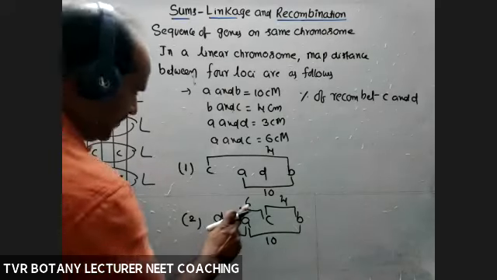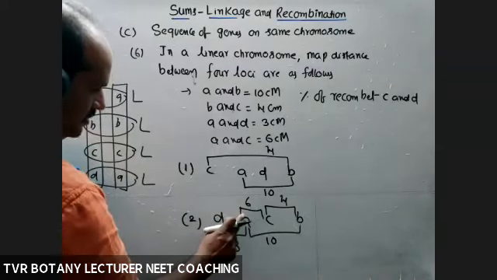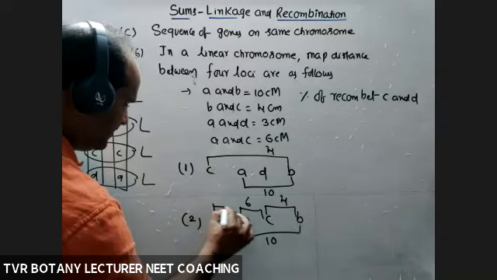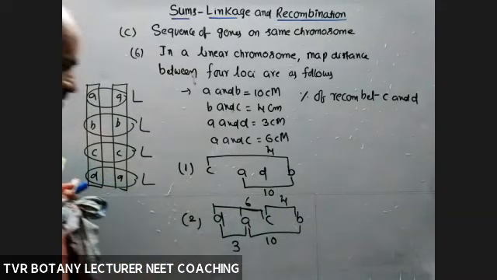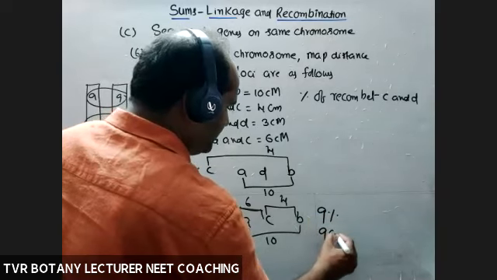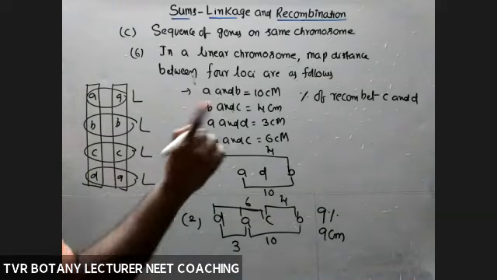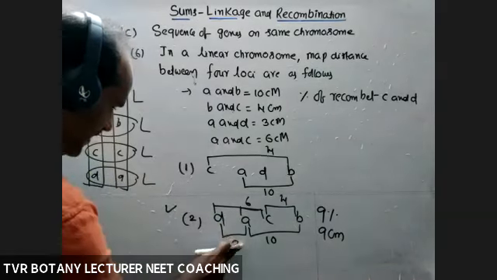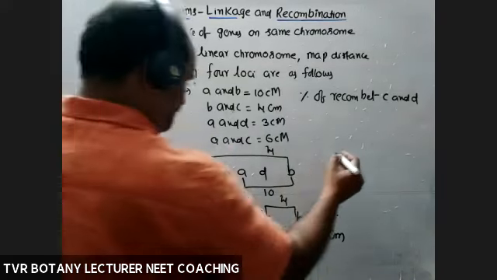Okay, 6 minus... here it is. C and D means this one, 6 plus 3. So according to this one, 9% or 9 centimorgan. That is one combination working. Okay, working.